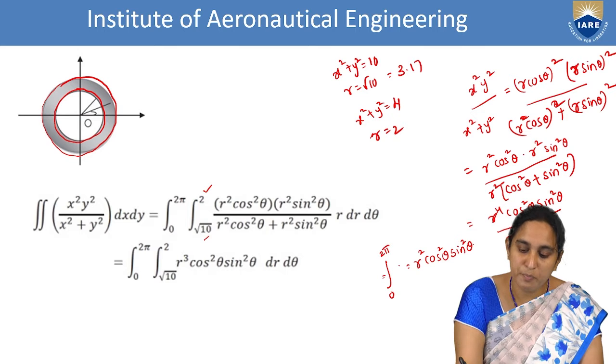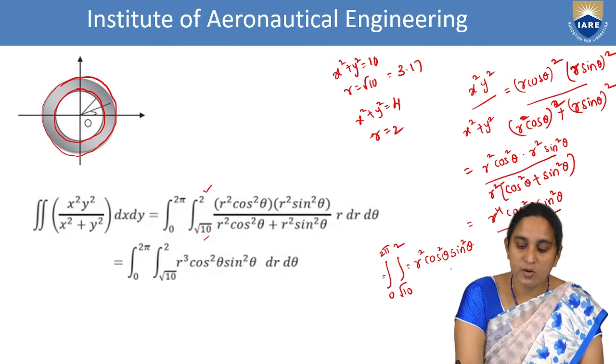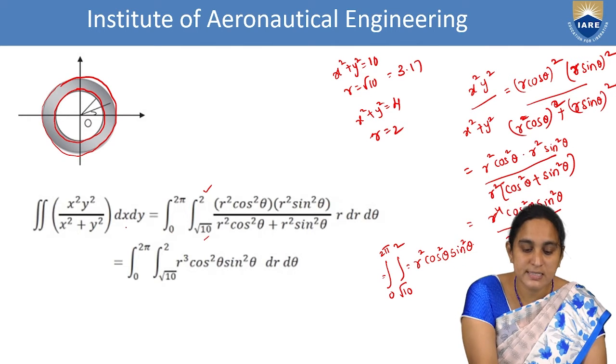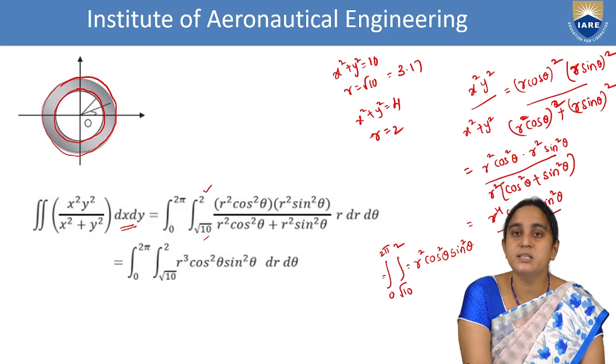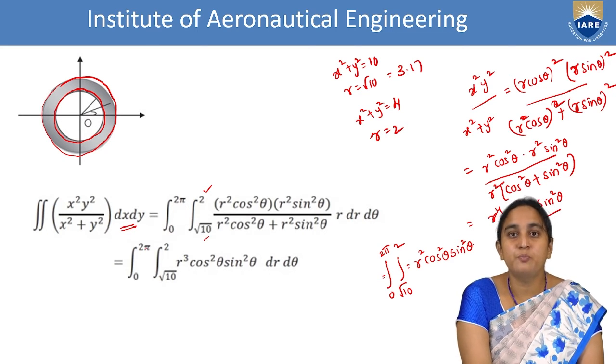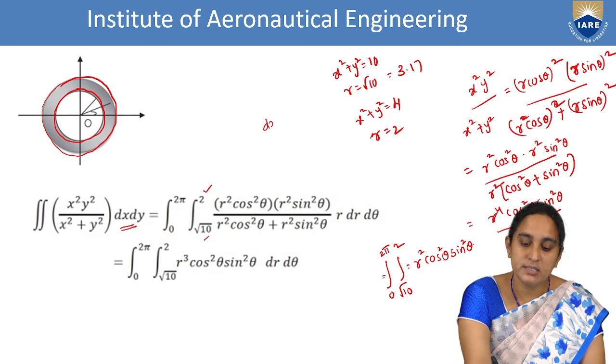Integral 0 to 2 pi and integral root 10 to 2 of r square cos square theta sin square theta. And what about dx dy? Here one condition is there for dx dy. If we are converting the Cartesian to polar form, dx dy is equal to what? r dr d theta.